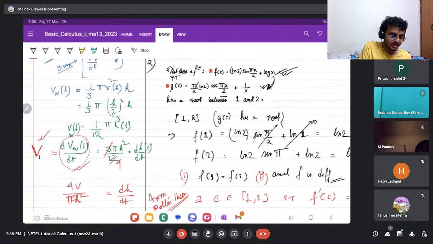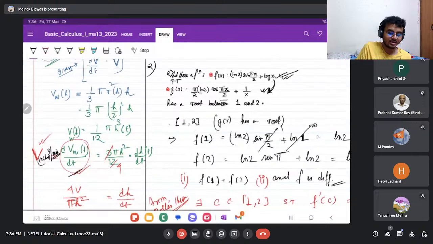So V is inches cube per minute, right? Agreed? And height is inches square, so inch per minute. How will height be square? So height is not in square. Right. So it is inch per minute. On the right hand side, what do you have?